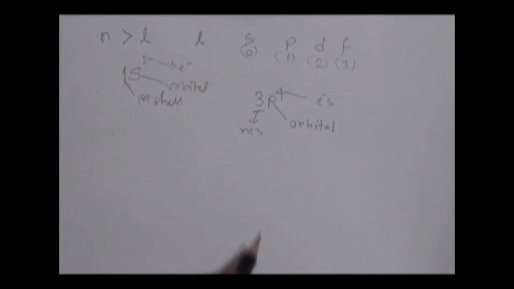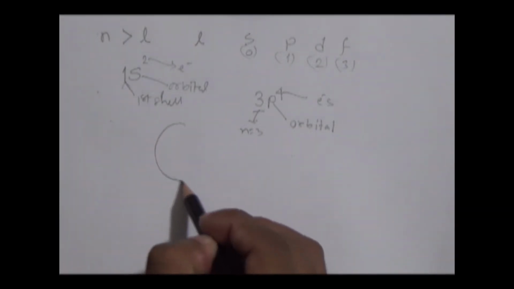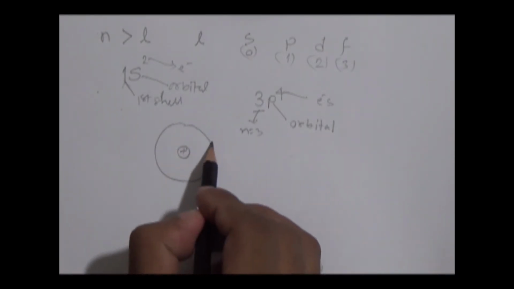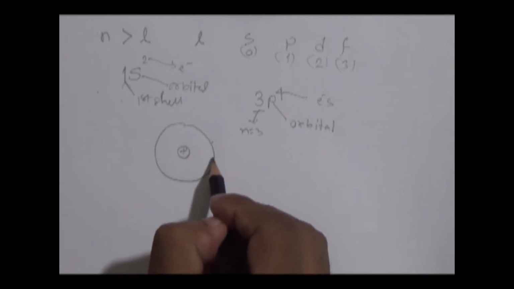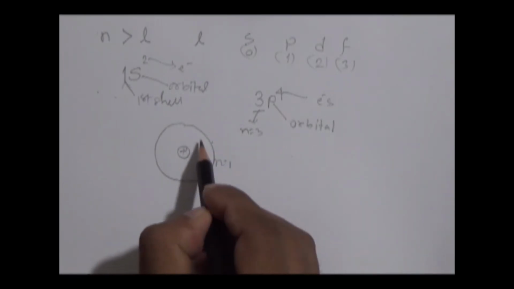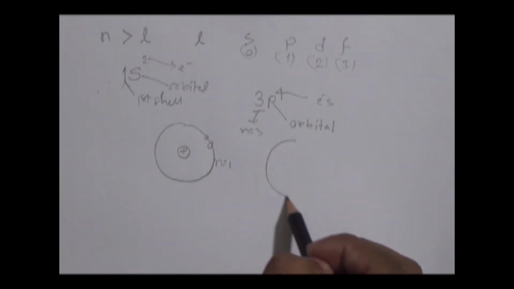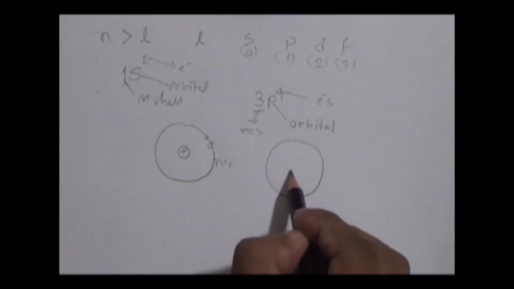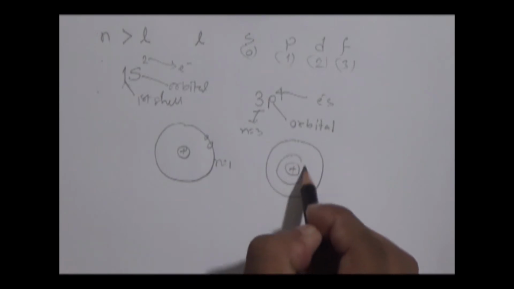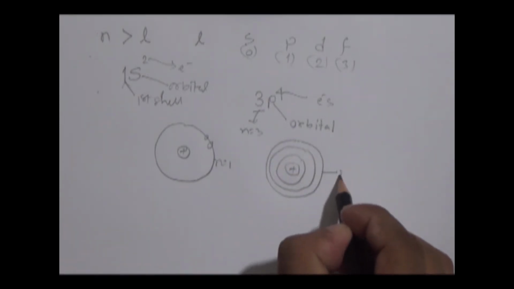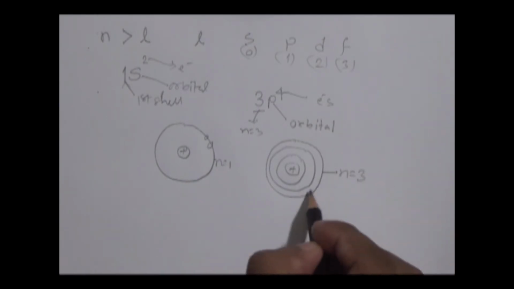By diagram we can also show, if it is nucleus, this is the first shell, so first shell n is equal to 1, it has 2 electrons. We can show another one. If it is nucleus, first shell, second shell, and this is third shell, n is equal to 3.